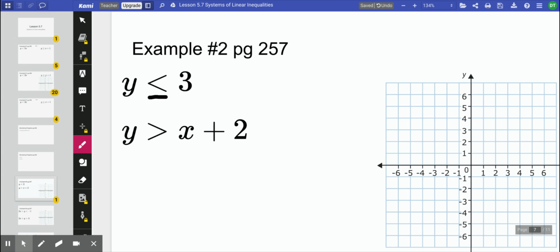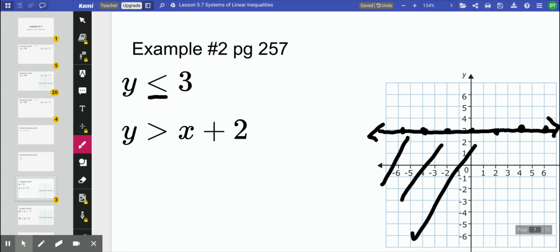So a reminder that when we are graphing y is equal to 3, that's everywhere where the y value is 3. So when we're graphing y is less than or equal to 3, this is going to be a solid line because we're talking equal to. And then the y's less than are this part of the graph.